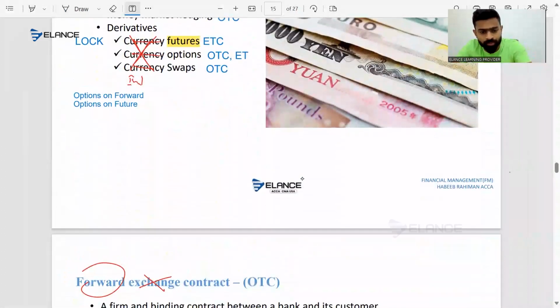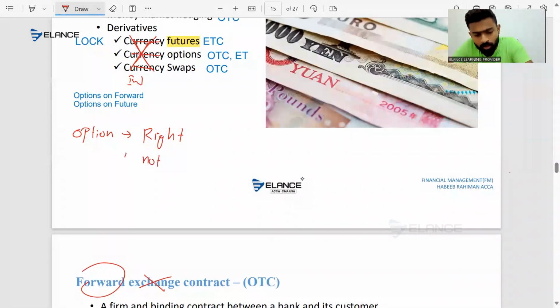There are two types of options. See, what is an option? We have a right, but not an obligation.